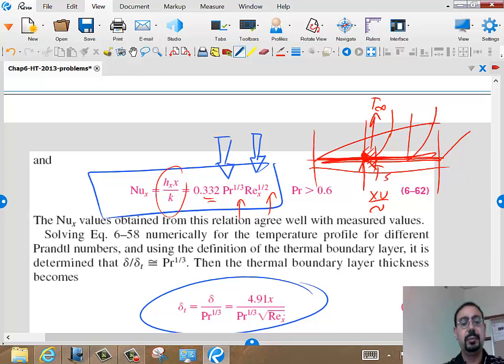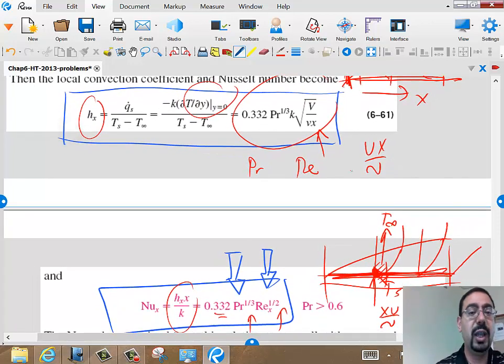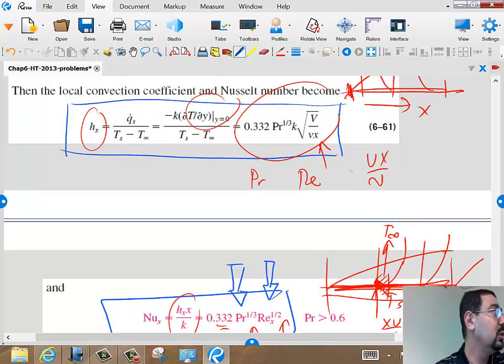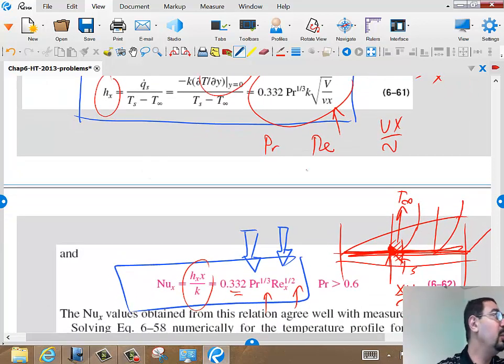All right, so this is the h, right? This is hx, the convection heat transfer coefficient at a certain x. That's why you call it h sub x, because h here is different from the h here, is different from the h here, because we realize the temperature profile is different. Okay, the formula that they will generate, rather than telling you the hx is basically this, they rather have it in dimensionless form.